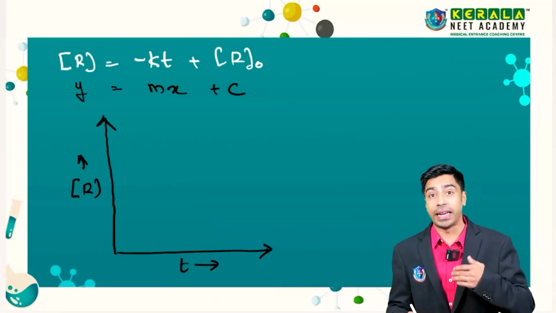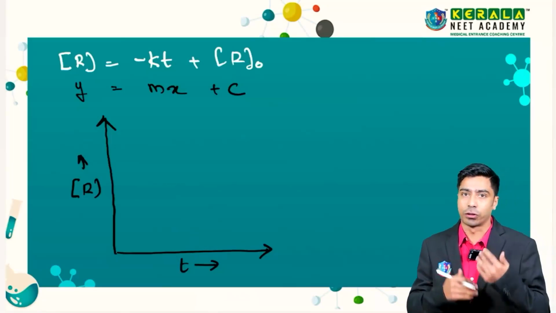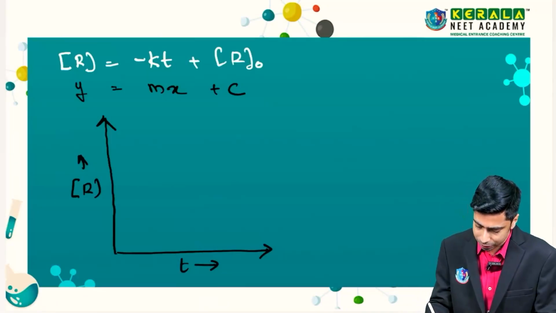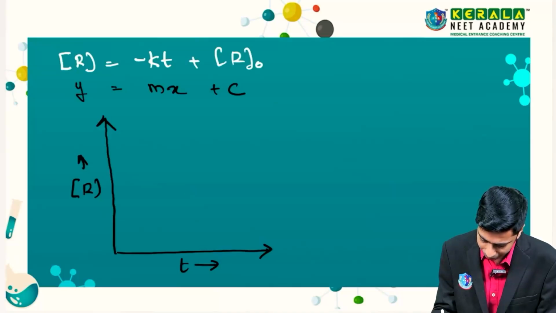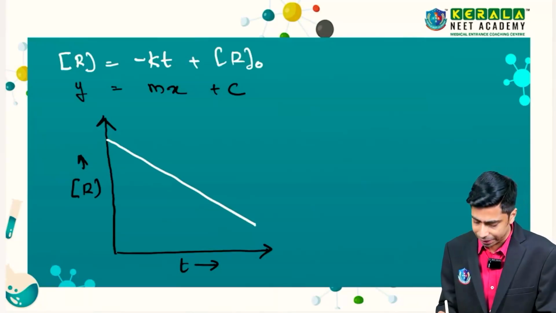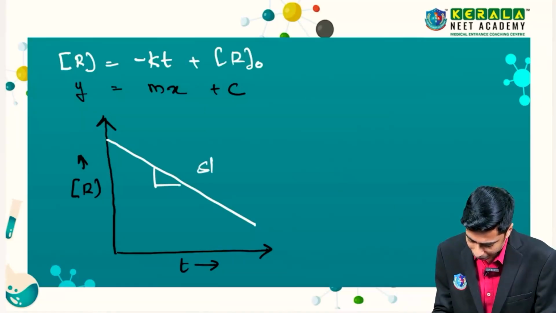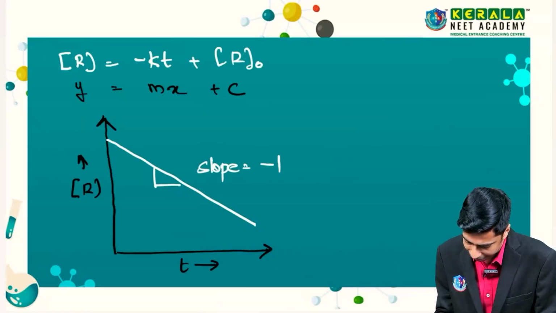The value of slope is minus k, which means it is a negative slope, so the straight line slopes downward.